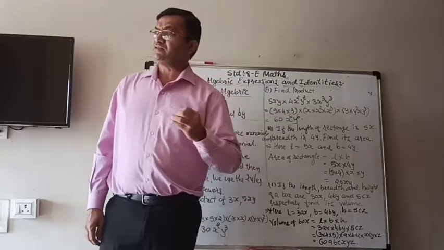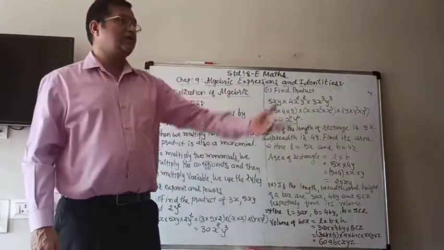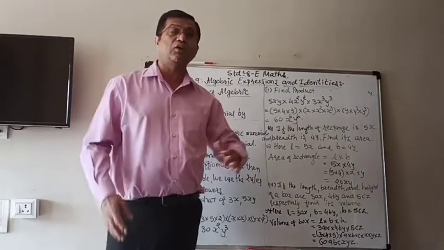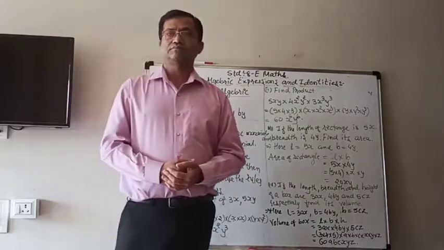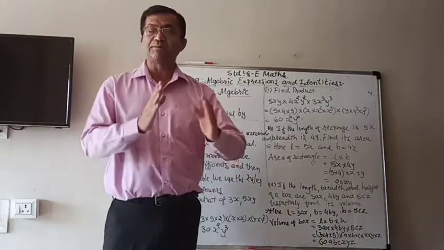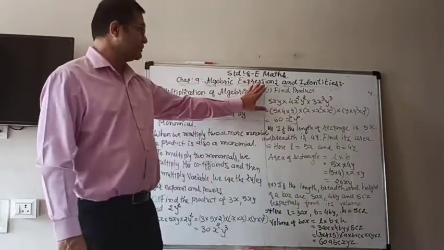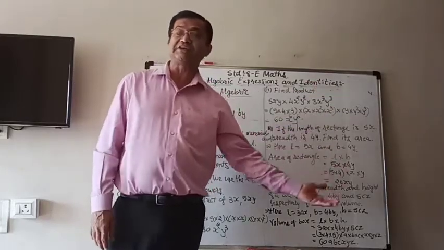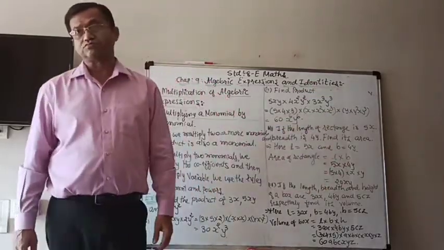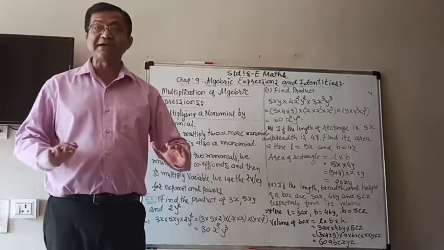In the near future, we will learn more, like factorization and expansion, and for that the base is algebraic expressions and then identities, which we will learn later in this chapter. These are the very basic things.